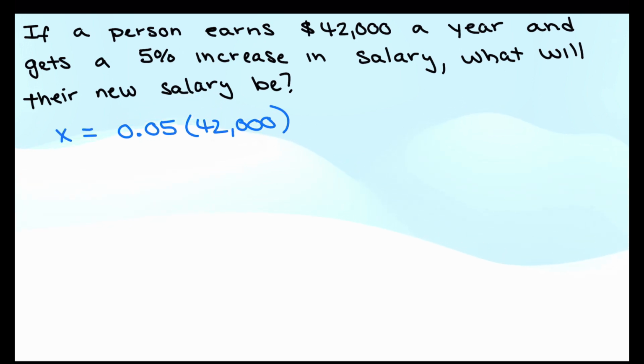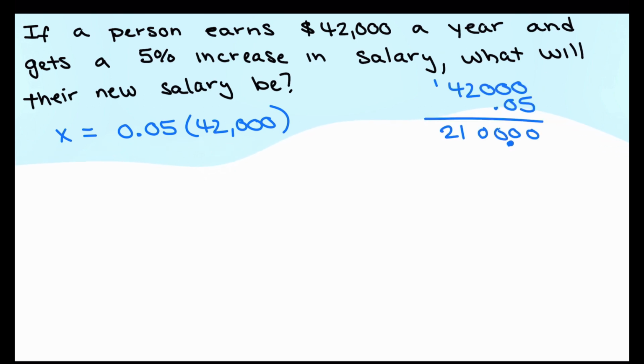So if we want to find 5% of 42,000, we can take the 5%, move the decimal 2 places to the left, so 0.05, and we can just multiply that by 42,000. 5% of 42,000 is 0.05 times 42,000.